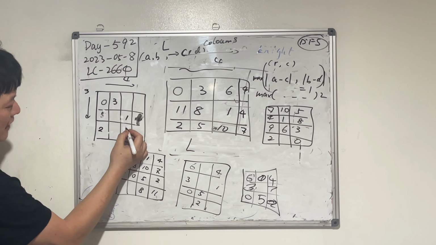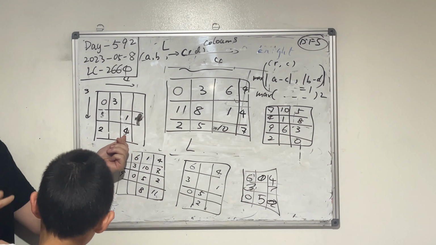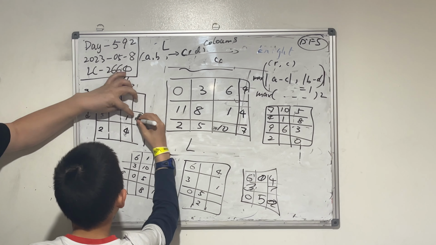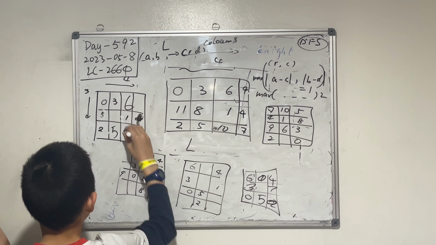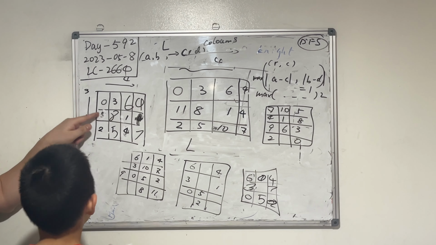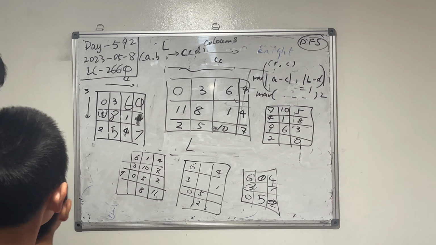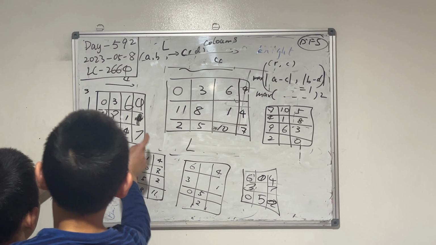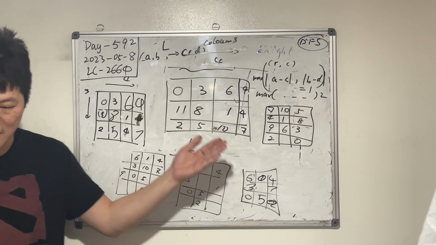You could then do 5, 6, 7, 8, 9, and 10. And what's the last number? 11. Okay, so depth search, backtracking.